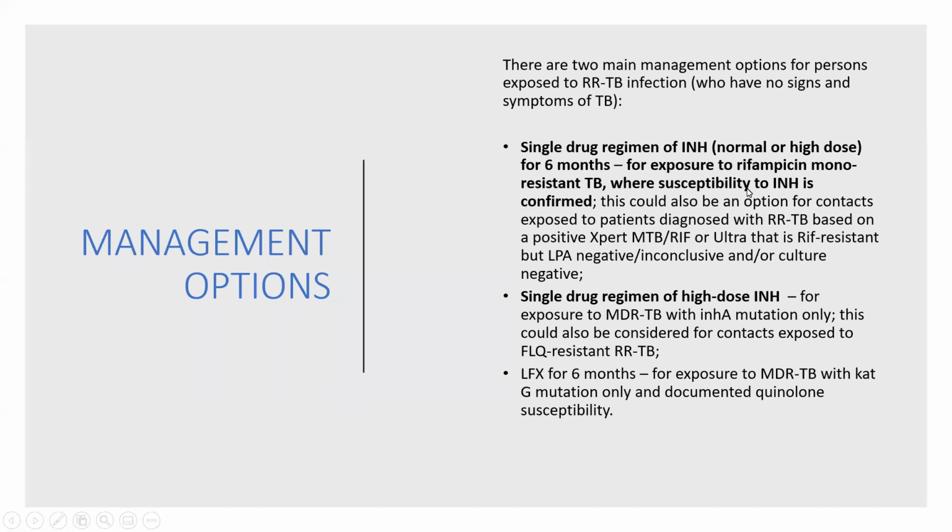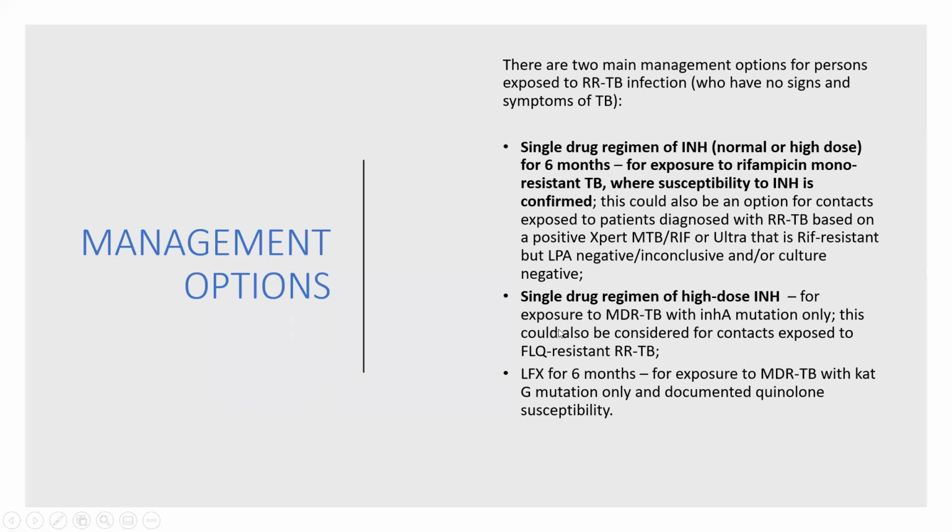If your patient has INH susceptibility, you can give the normal dose of INH for 6 months. But if the patient has INH resistance, or MDR-TB with INH mutation only, this could be considered for contacts exposed to fluoroquinolone resistance. So for this patient, you could also give high dose INH.